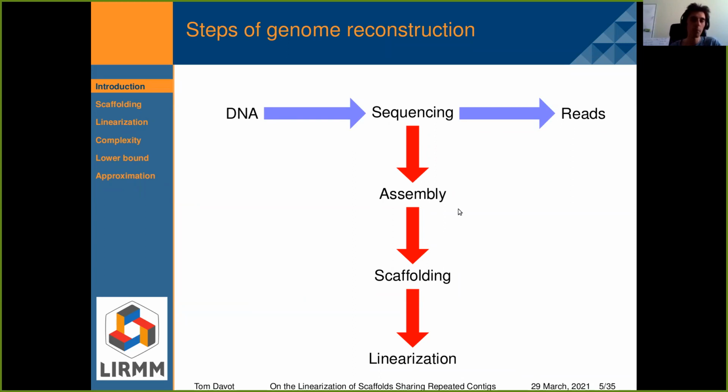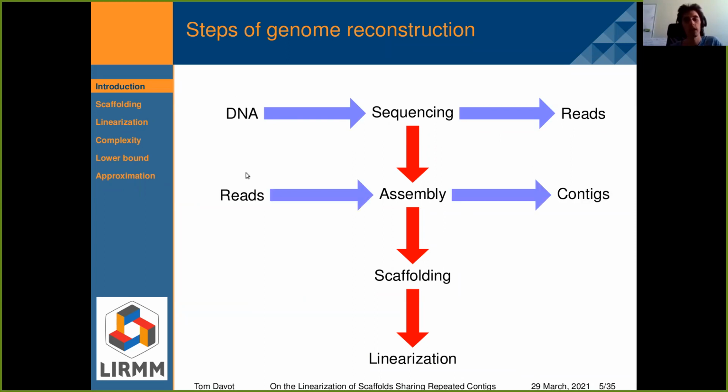The second step is the assembly, where the reads are assembled into bigger sequences called contigs. After that, we have the scaffolding and the linearization. The linearization is the subject of my talk.